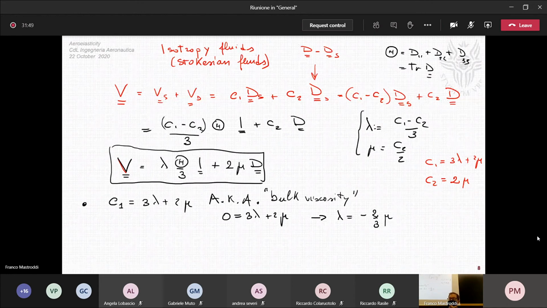So in that case, you have to keep both of the constants for describing this isotropicity. For the elasticity of the solid, you have two constants, the Young modulus and the Poisson ratio, or the two elastic moduli, okay? But for the viscosity of the fluid, you have only one. Since the bulk viscosity is practically zero, you have only one parameter.